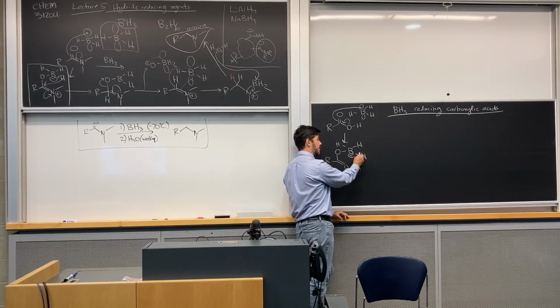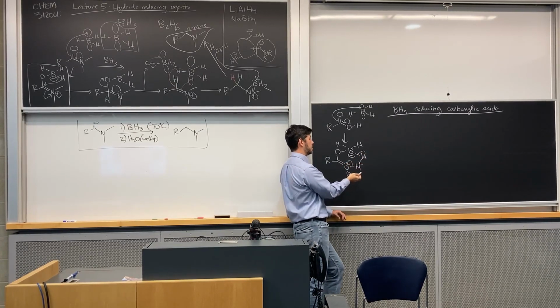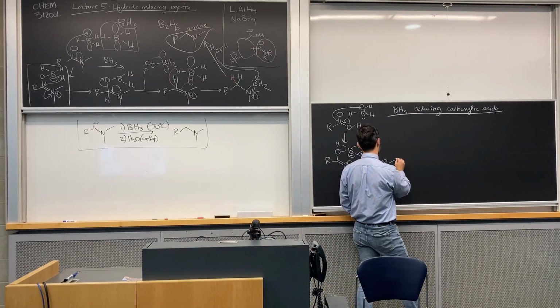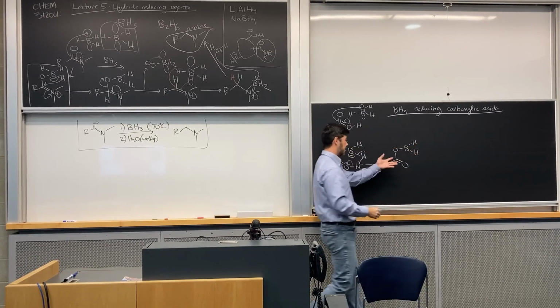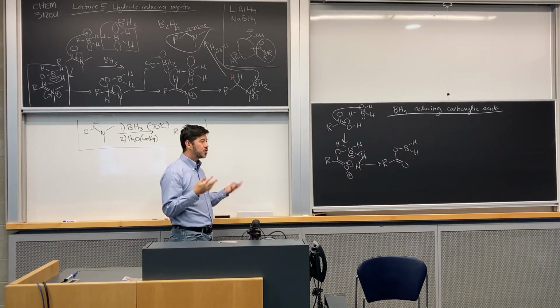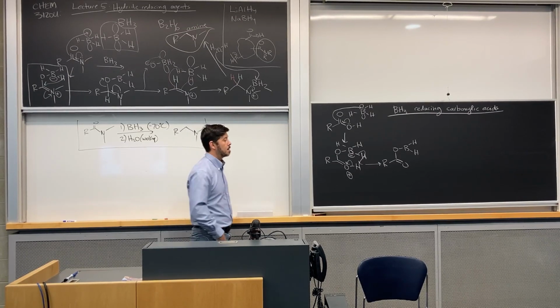So this negative hydride will take the easiest electrophile, which happens to be a proton, and what you'll generate is something that looks like this. And you might say, well, we haven't reduced anything yet, and you're absolutely correct. We've done some acid-base chemistry, and we're setting ourselves up for the next type of reaction.